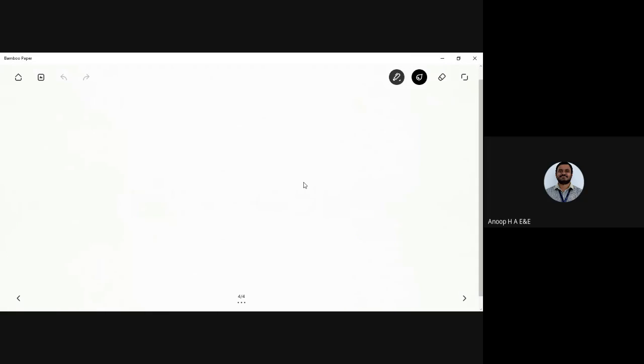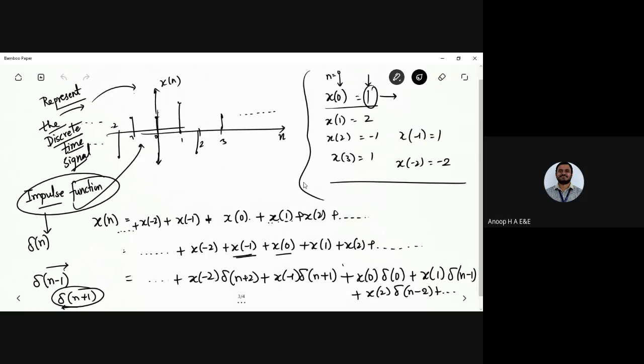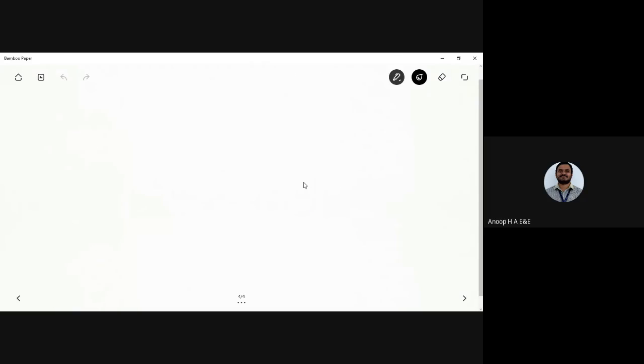So this equation that I have written is associated with the delta function, which has the values 1 and 0 when n is equal to 0 and n not equal to 0. So that is associated mathematically.